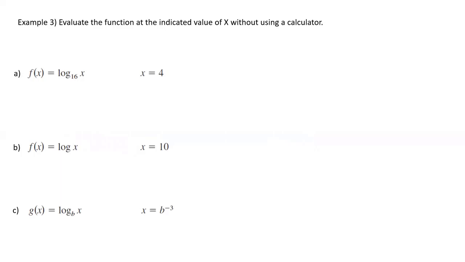So we have a function now. Function is log base 16 of x. 16 to what exponent? Let's bring in the what exponent gives us 4? What exponent do you put on 16 to give you a 4? Not so fun. So in our minds, we're thinking this right here, right?